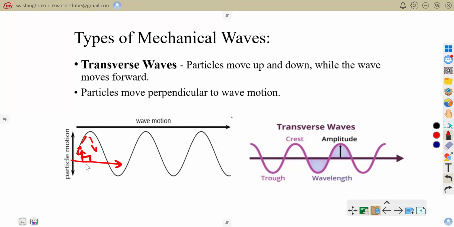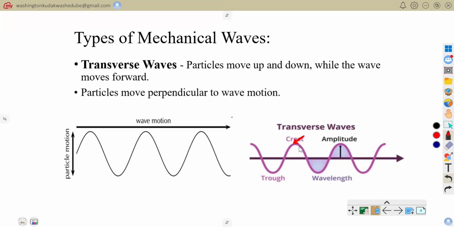The angle made between these two directions is a 90-degree angle. That's why we call them perpendicular waves, waves that have the particles of the medium moving perpendicular to the direction of the wave. That is what we refer to as transverse waves.